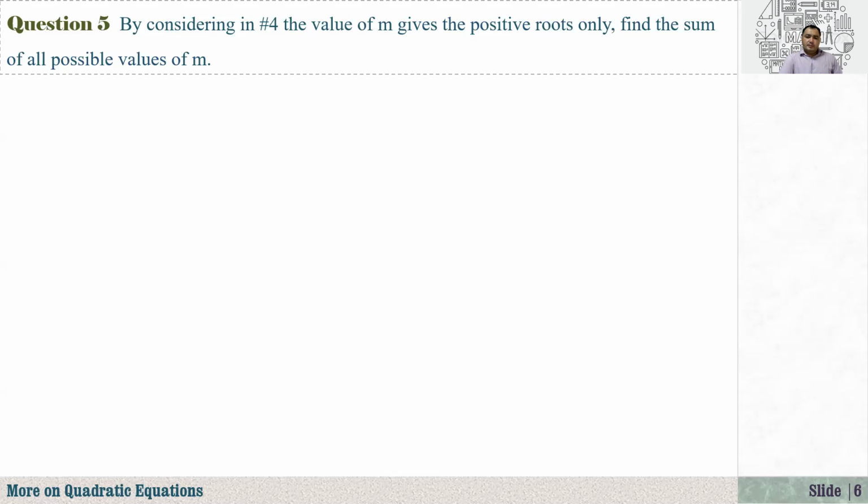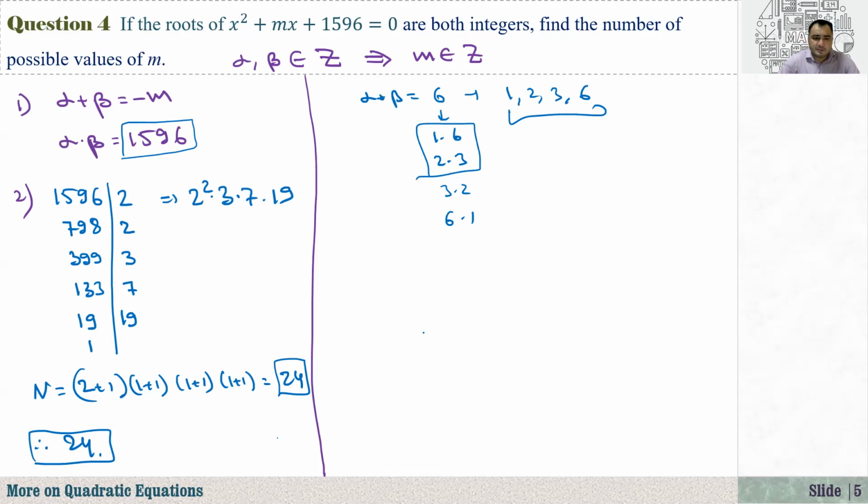By considering in number 4, the value of m gives the positive roots only. Find the sum of all possible values of m. It says here a plus b is equal to negative m. Alpha plus beta is equal to negative m, alpha times beta equals 1596.